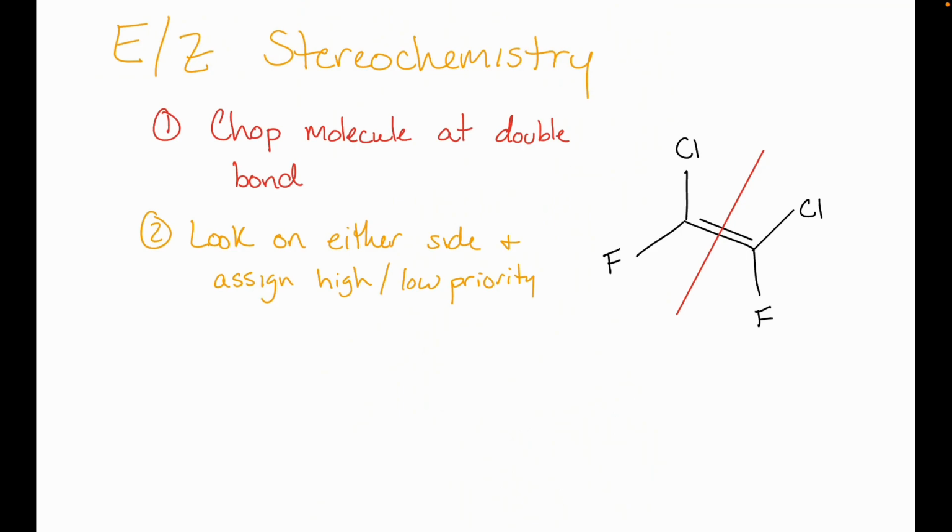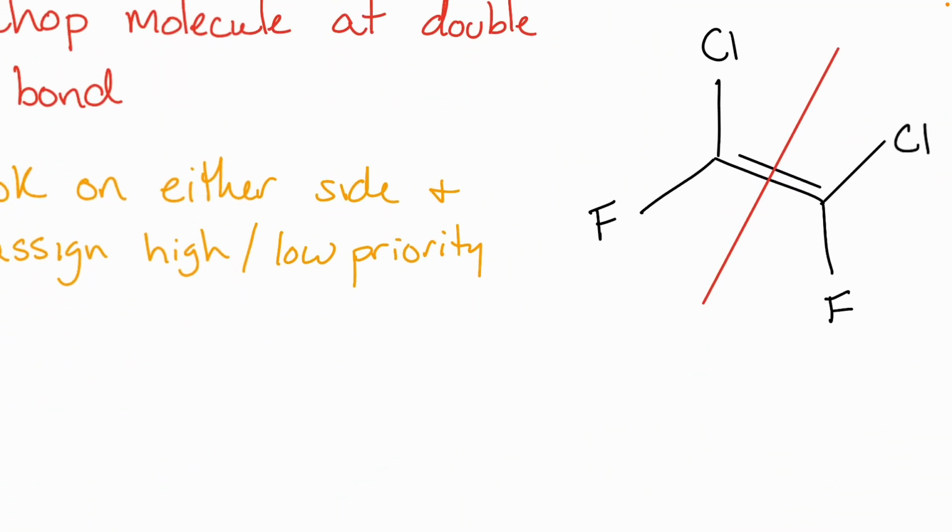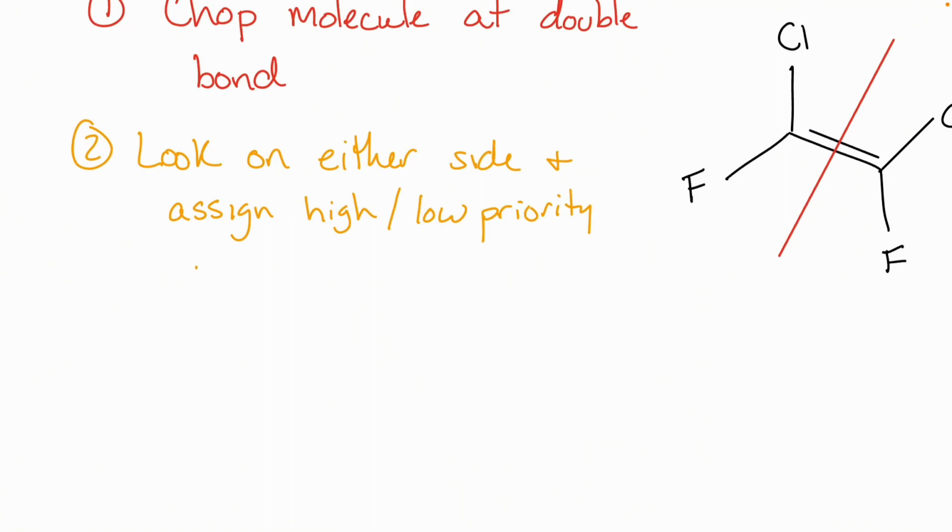But just to be clear, I'm going to look on one side of this double bond and assign each of these groups either high or low priority. There's always going to be two of them. One of them is going to be the high priority group, the other one's going to be the low priority group. So how do we assign priority? Highest atomic number gets highest priority.